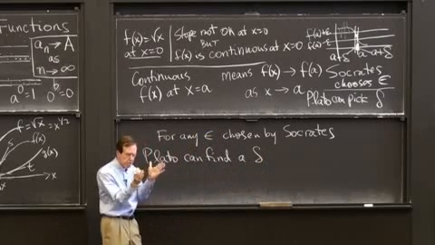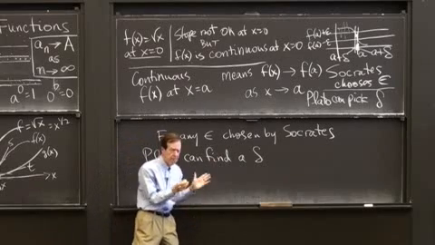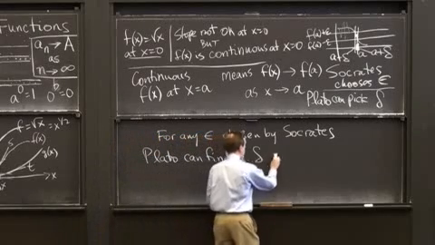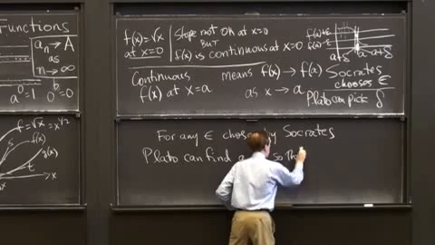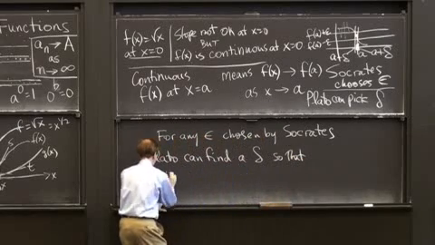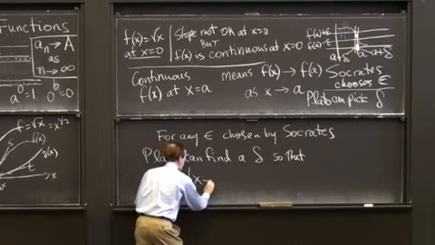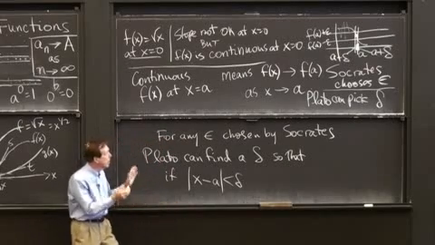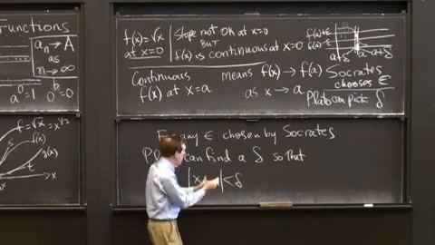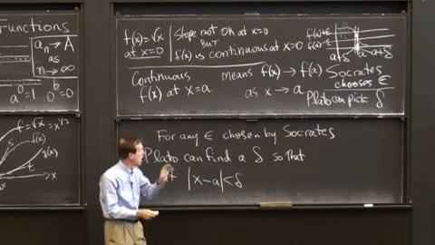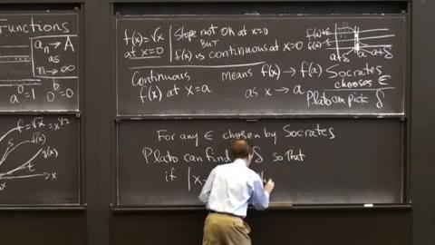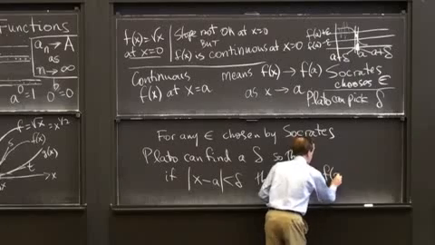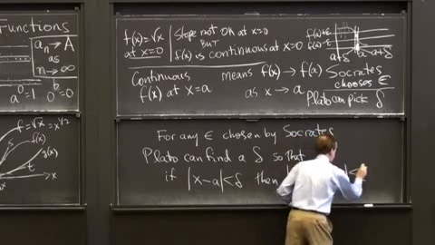The epsilon, of course, was some positive number. Delta might be an extremely small positive number. So that if the distance to A is smaller than Plato's distance, so if we're in that vertical band, then we're in Socrates' horizontal band. Then this f of x minus f of a is below epsilon.